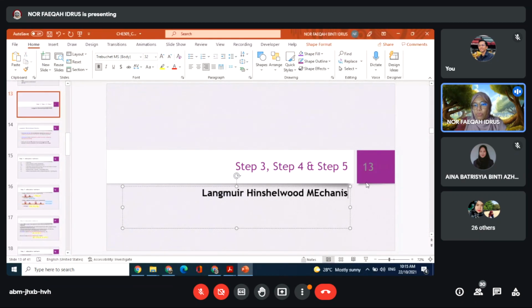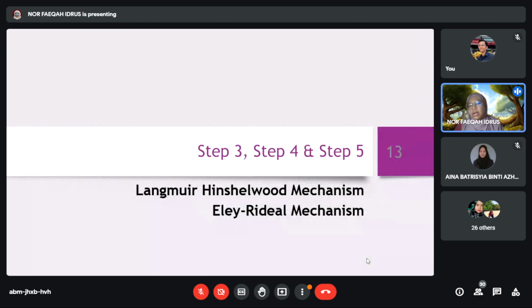So we determine the kinetic based on the Langmuir-Hinshelwood mechanism, and also another mechanism involved in the surface reaction, which is the Eley-Rideal mechanism. These 2 mechanisms determine the kinetic of reaction, and they are involved during the surface reaction, which is step 4.